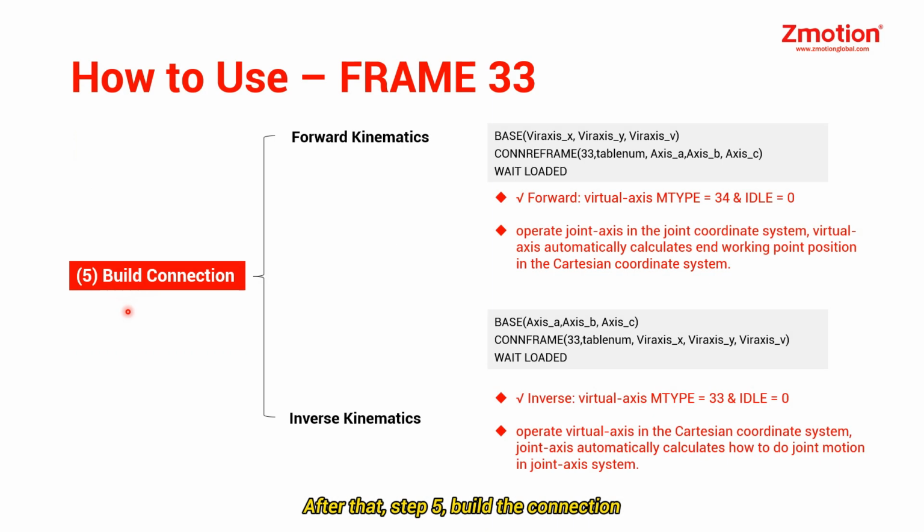After that, step 5. Build the connection. Same as the Delta application. Here, frame 33. Forward or inverse mode. For forward, 3 virtual axes are needed. Use the command to connect. When connected, M-type will be 34, idle will be 0. At this time, operate the joint axis in the joint axis system.